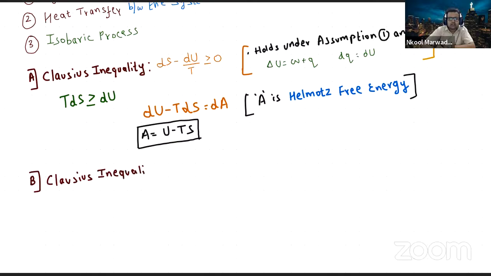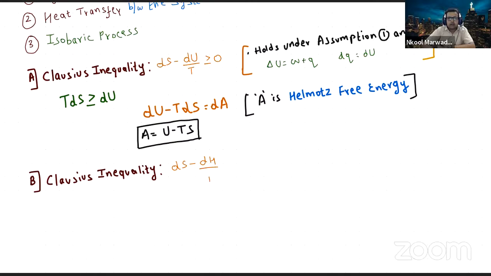This Clausius inequality can take one more form, and this form is TS minus H, H being the enthalpy, by T, greater than or equal.